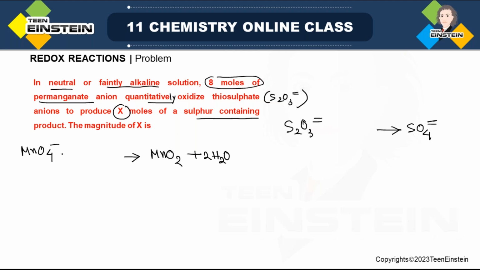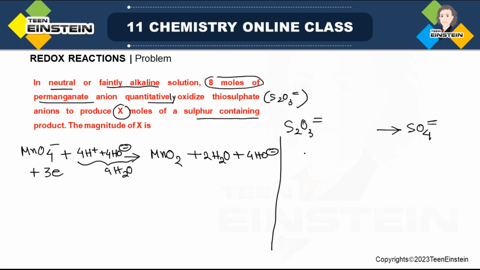When you add 2H2O, we have to add 4H plus, and 4HO minus both sides. So it is producing 4H2O. Now look at the negative charge. You have only one negative charge left hand side, 4 negative charge in the right hand side. So you have to add 3 electrons.